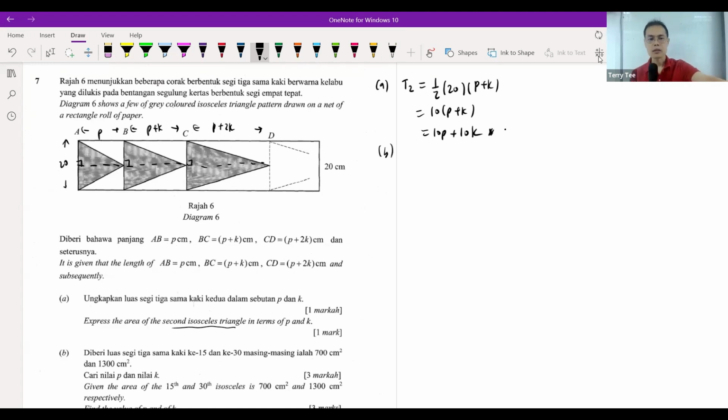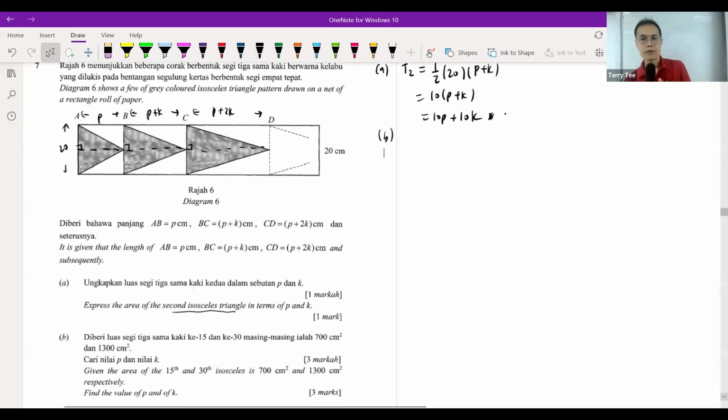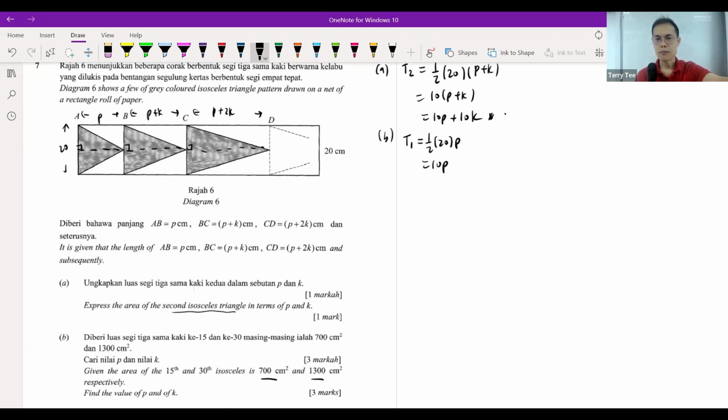Now, they say that given that the area of the 15th and the 30th are 700 and 1,300, find the P and K. So here we have to form an arithmetic progression for the area. Your area of the first triangle is half times 20 times P, which is 10P.